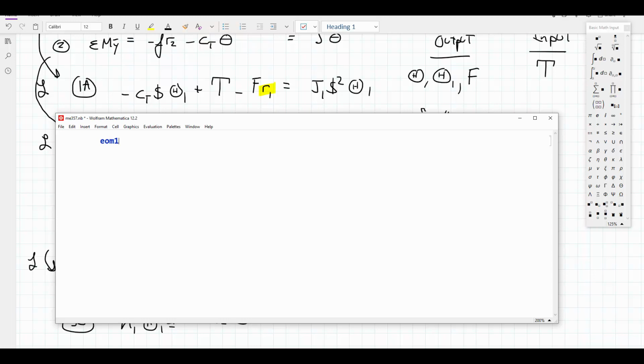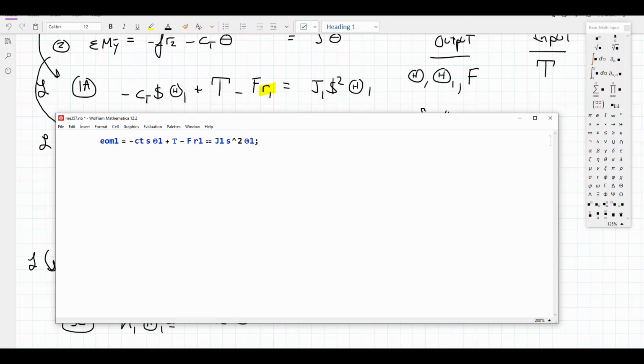My first equation of motion, 1a, I have here a negative CTS theta 1. So to do this, this is capital theta, I can do escape and then capital TH escape to do a capital theta if I want it to look consistent, plus, and here because it's fancy t, I can do escape capital T escape to get this fancier t, minus just a capital F R1 and double equals J1S squared capital theta 1.